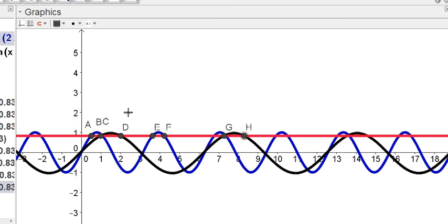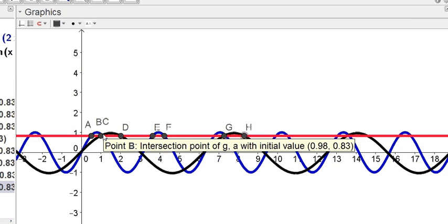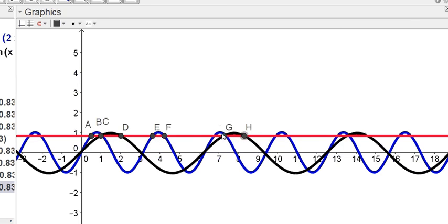Now to find out where those points are, we're going to have to extend our black graph, the sine of x graph, past 2 pi and see where it hits again. So G is the next time, basically point B plus 2 pi, plus 360 degrees. It's one period further.